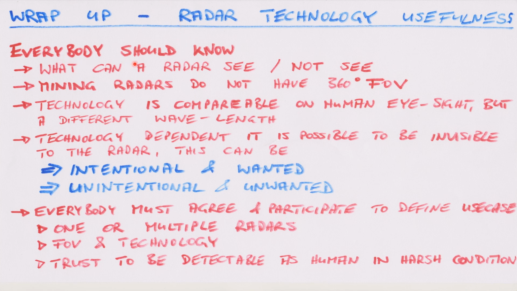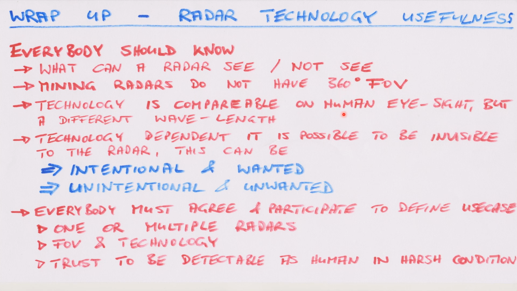I need to know what the radar can see, what it cannot see, the entire topic of the last slide decks. I need to know that mining radars do not have a 360-degree field of view, but are specific sensors with an opening angle horizontally in azimuth and vertically in elevation.